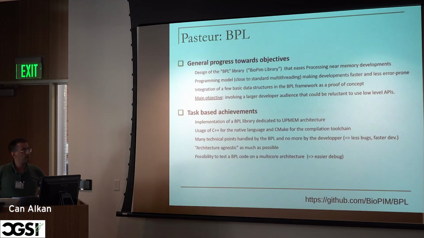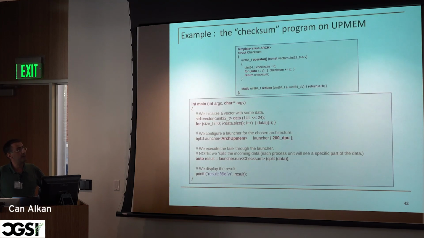Others are also developing a bunch of different things. Ryan is here, so I wanted to highlight this one, which is a BioPIM programming library. They are working on a C++ API to make these easier to program for those who are not very knowledgeable about the underlying architecture. Here is just one toy example: a checksum, which is just adding up all the bits in a bit vector in the DPU.